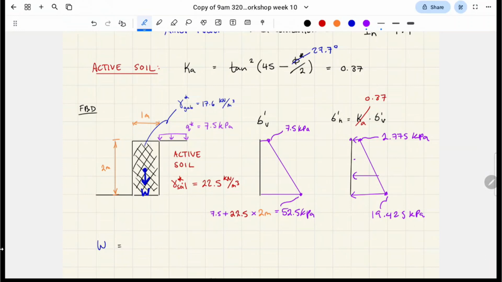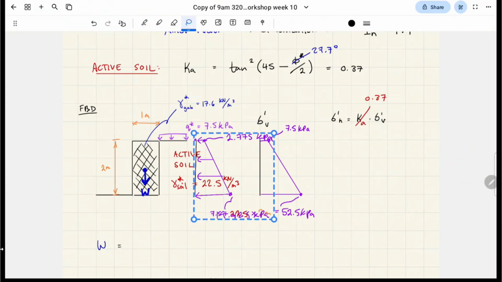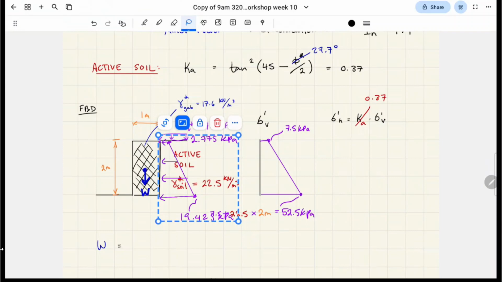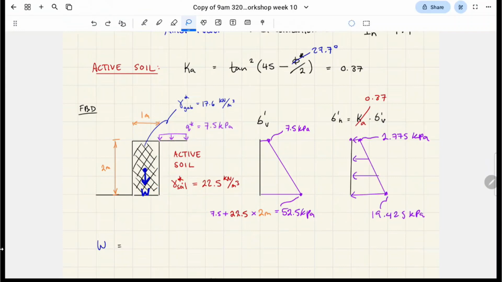Again, I like to draw the arrows for the horizontal effective stress, because that corresponds to our lateral earth pressure. How this all works out nicely is that this will be the earth pressure acting on the wall like that. Does that make sense? That's why I've decided to draw it like this. I think it's a really clean format.